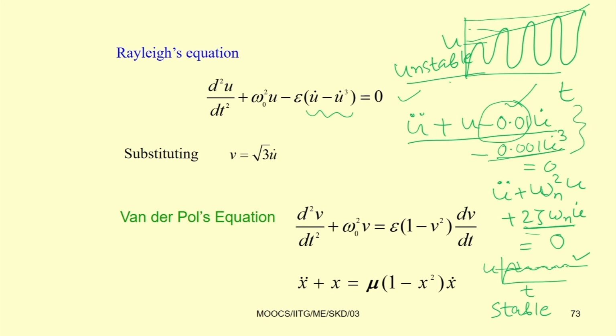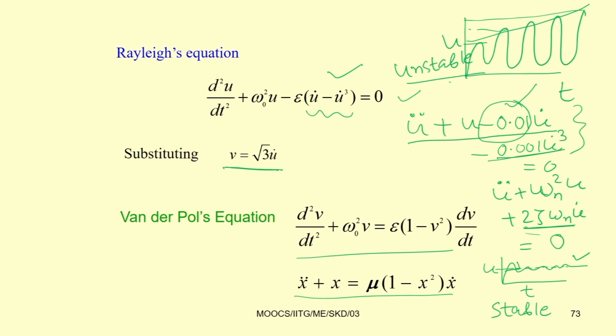This type of system we will later simulate and see what the response of the system will be. And if you substitute v equal to root 3 u dot, this equation will reduce to this form, that is d square v by dt square plus omega square v equal to epsilon into 1 minus v square into dv by dt, or you can write it in this form, that is x double dot plus x equal to mu into 1 minus x square into x dot.